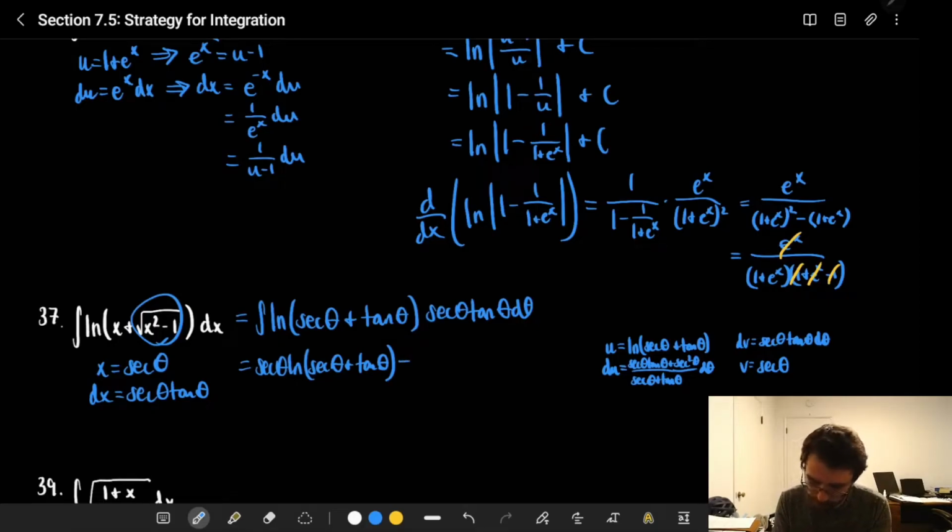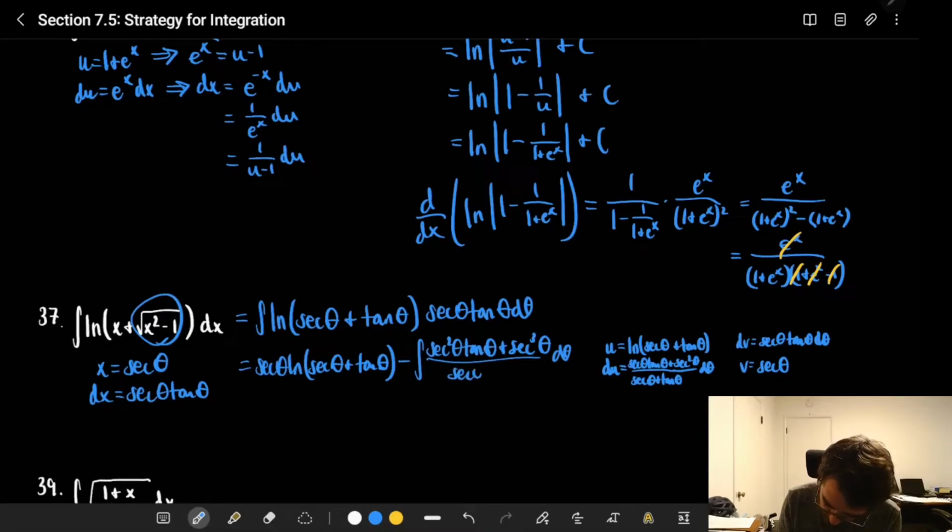Minus the integral of v du. Okay, this is awful. This can't be right. Secant squared theta tangent theta plus secant cubed theta, still over secant plus tangent. I mean, can that be right?